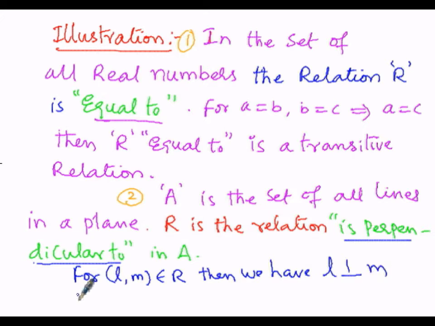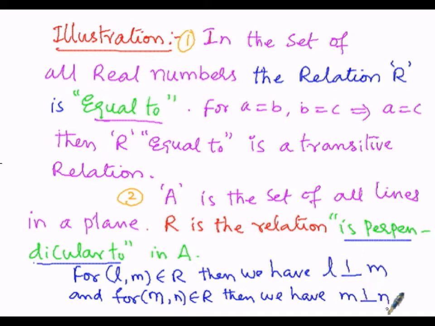And for (M, N) belonging to R, we have taken two more lines: first we chose L and M, where L is perpendicular to M. Then we chose the second line M with the third one N, and M is perpendicular to N. Then in case L is perpendicular to M and M is perpendicular to N, as per the property, L also must be perpendicular to N, but here let us see whether L is perpendicular to N or not.